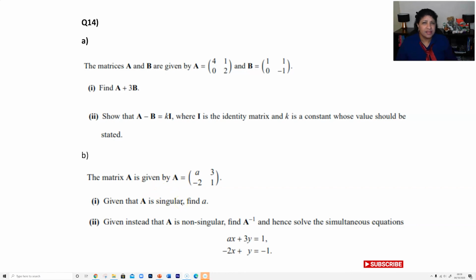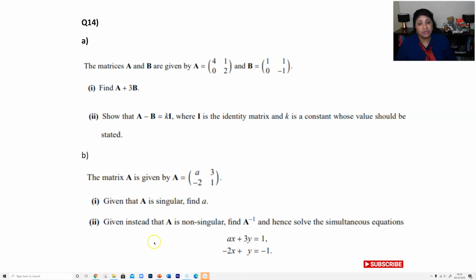So maybe that word will throw you off, but it's in your book, Fundamentals of Basic Mathematics, on pages 204 to 205. If you're not familiar with the word singular matrix, maybe your teacher didn't cover it, or maybe you didn't hear it, for whatever reason, go and have a look at your book, and it should be straightforward.